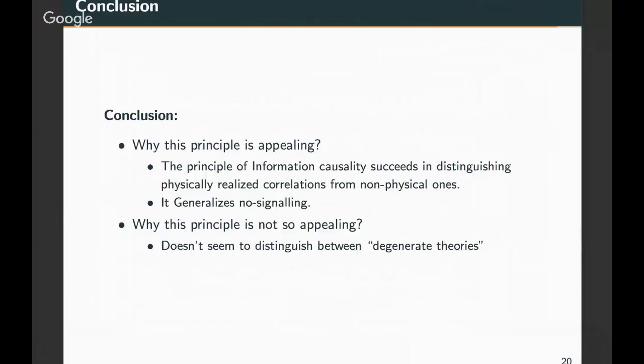It also tries to derive quantum mechanics within its framework. You can see that the definition itself says the bits transferred are not quantum bits, using words like quantum and classical. If you want to derive quantum theory, you need to come out of the formalism of quantum theory and derive it. So that's one of the reasons I think this principle is not so appealing.